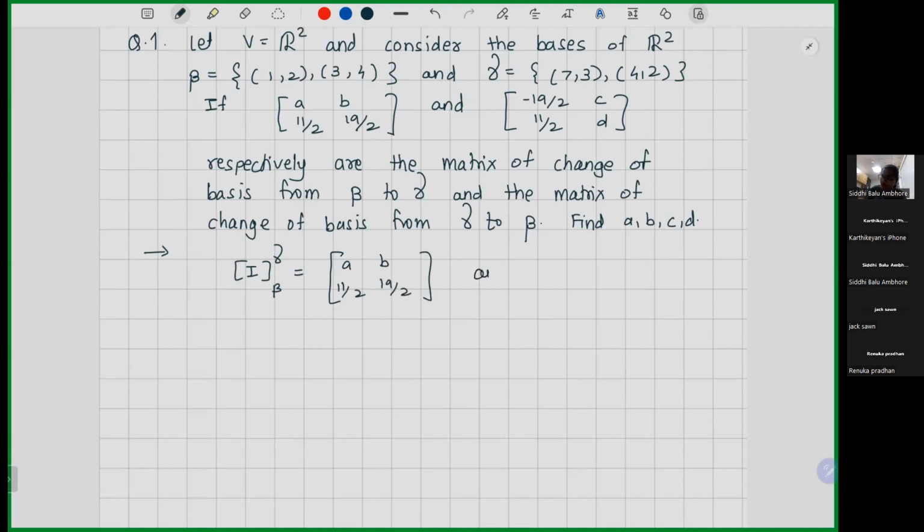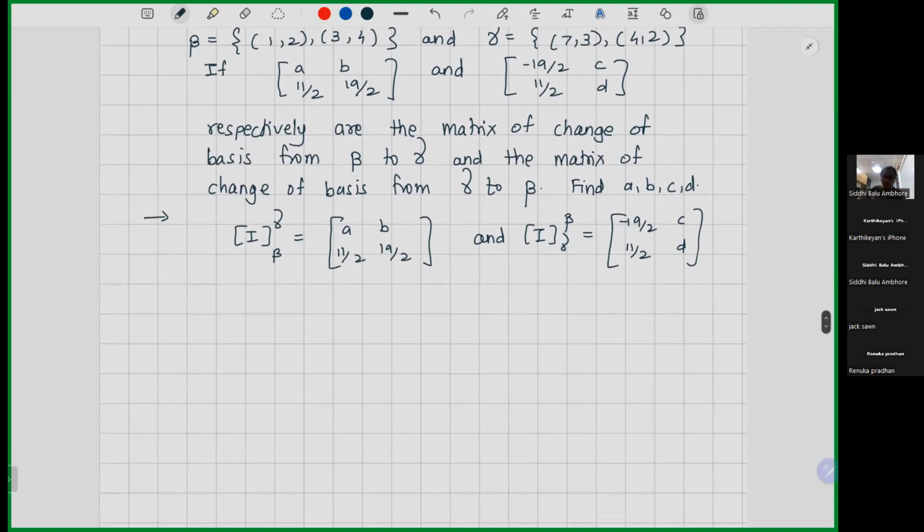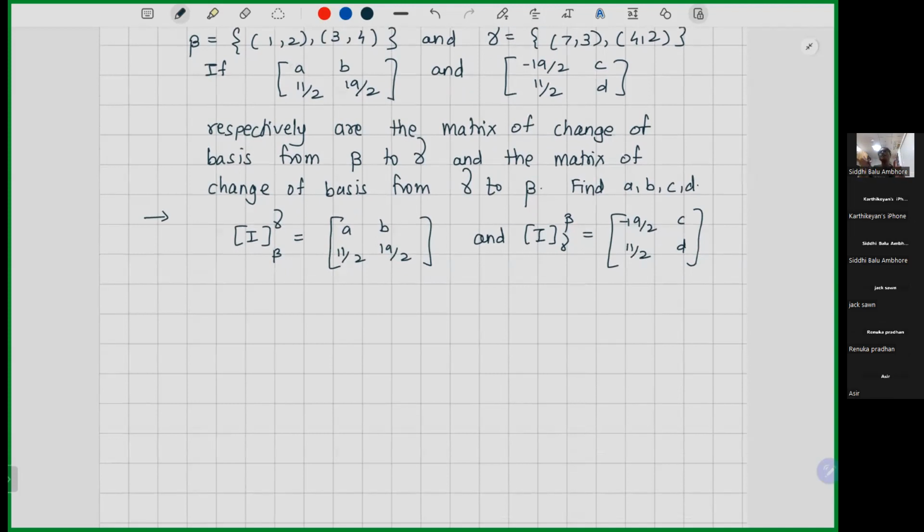And I gamma to beta is minus 19 by 2, 11 by 2, C and D. And what we need to do is find this A, B, C, D. So these are basis change matrices, and we are to find the corresponding coefficients in this matrix. So this A is in the first column.